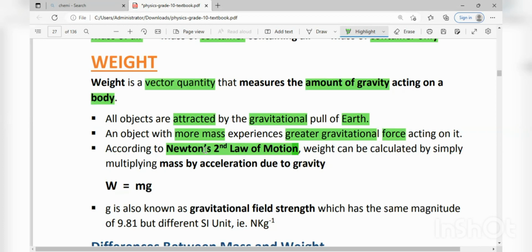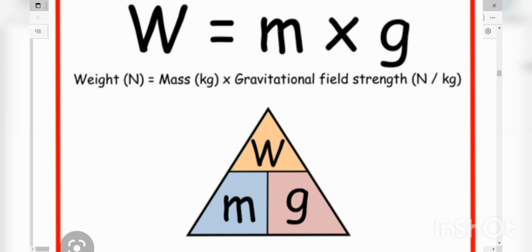So according to his law of motion, motion means movement, he says weight can be calculated simply by, how can you calculate weight? You get the mass of the object you are calculating, multiply it by acceleration due to gravity.